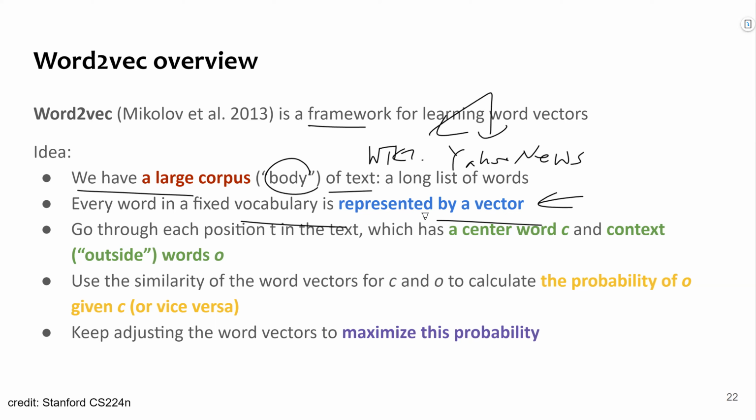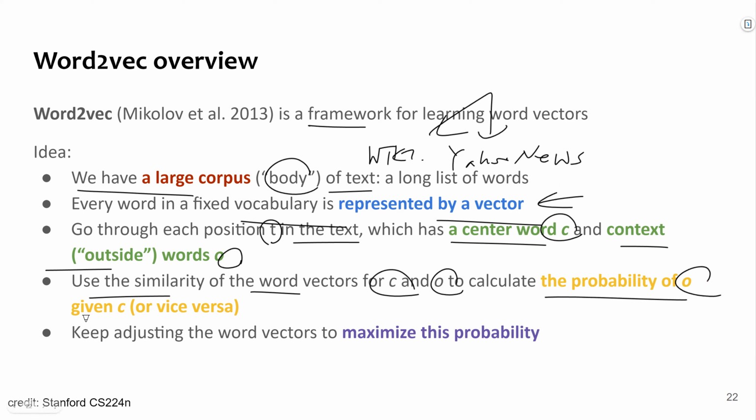How can you train these vectors? We go through each position t in the text, which has a center word c and context or outside words o. We use the similarity of the word vectors for c and o to calculate the probability of o given c, or vice versa, and keep adjusting the word vectors to maximize this probability. This is the basic idea.